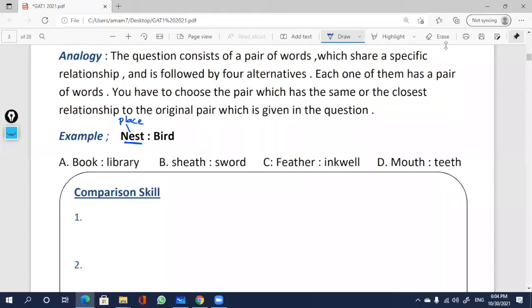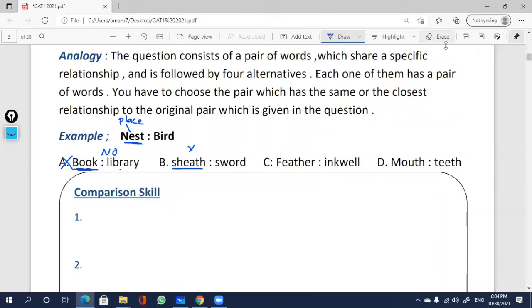Now, if I ask you about this one, is a book a place for a library? Yes or no? No. So we will eliminate this answer. How about sheath, sword? Is the sheath a place for a sword? Yeah.